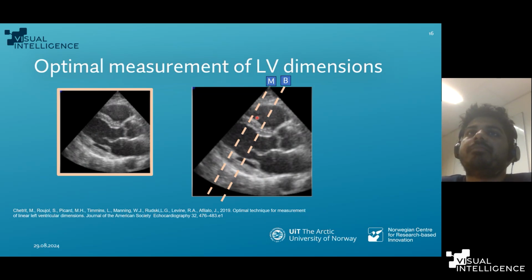But a fully automatic model trained with a single level often does not have any flexibility to perform measurements at different levels. So generally two levels are accepted for left ventricle measurements, which are shown here: basal level and mid-ventricular level.